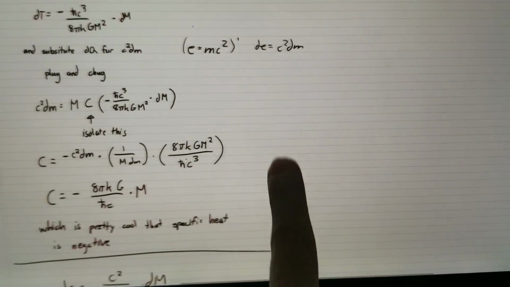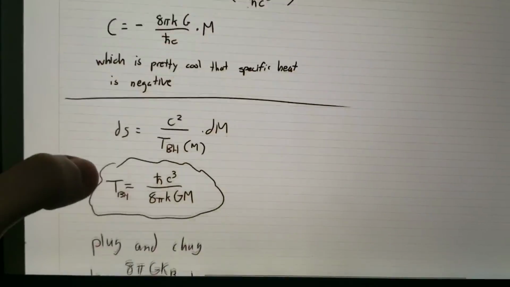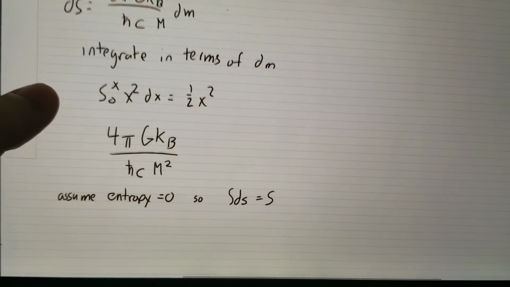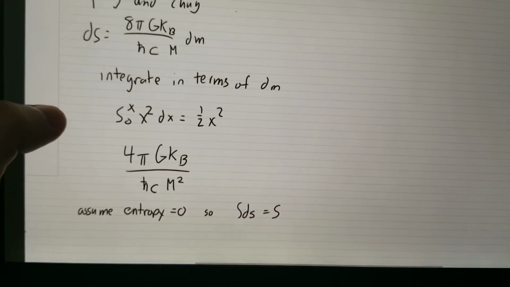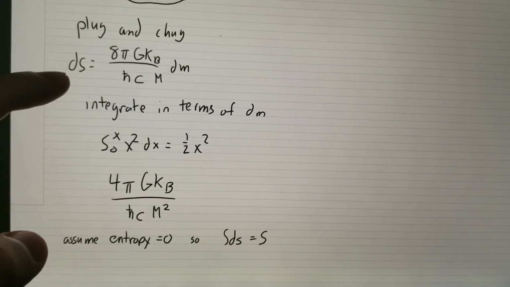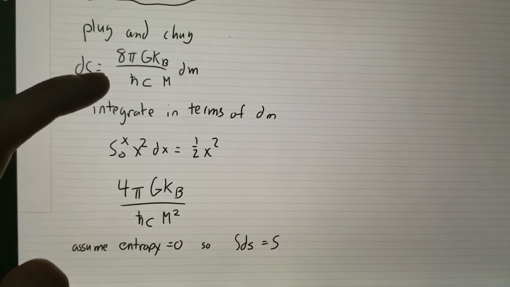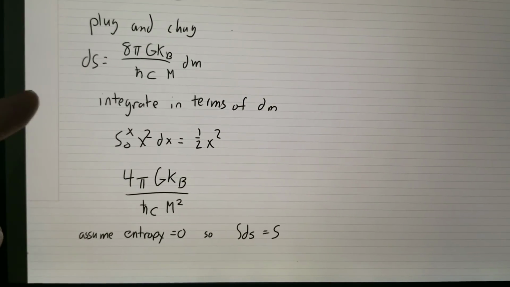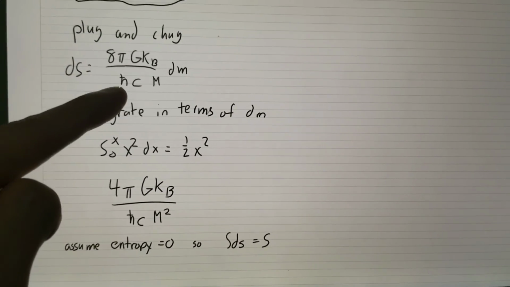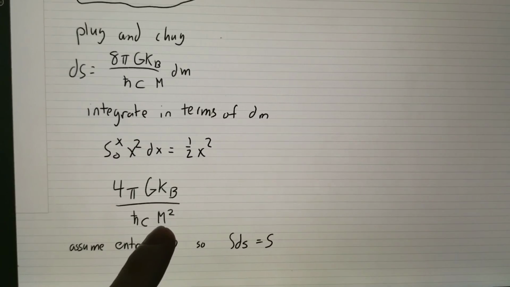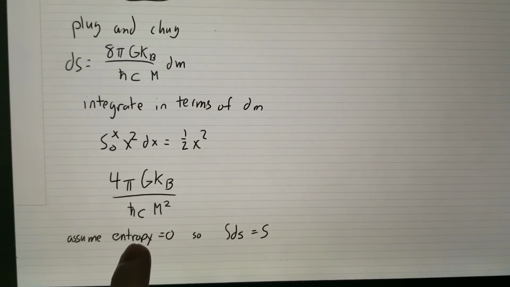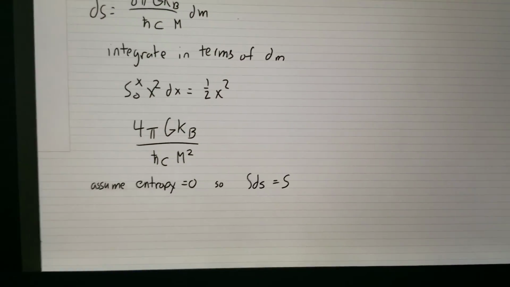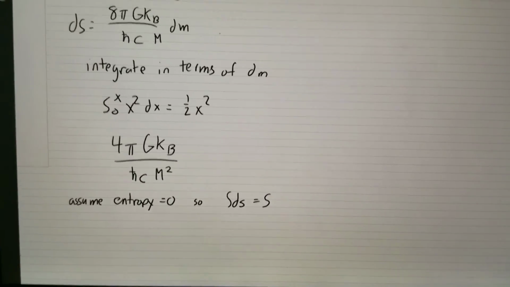I'm pretty sure I included the work down here. So dS, which when we solve it out turns into 8 pi G k_B all over hc times m dm. Once you multiply it by 1/2 and square the value that we're differentiating, it ends up as this. I hope you guys understood it, you absolute legends.